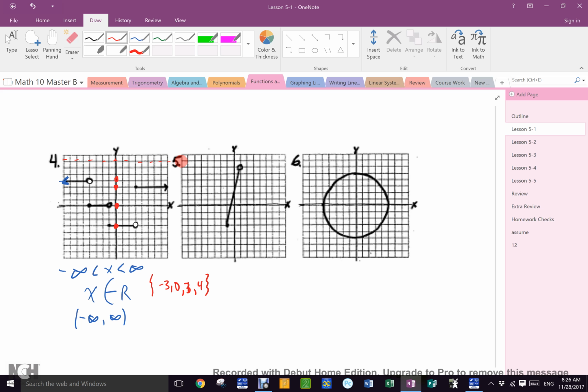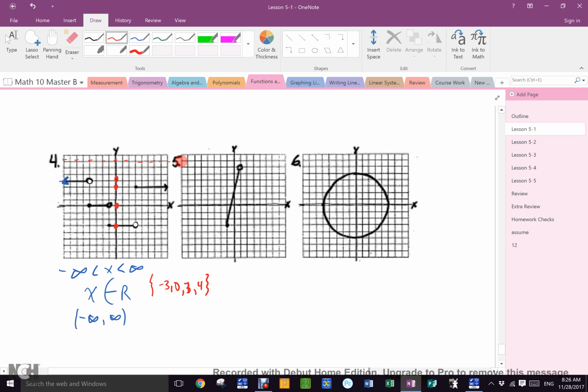But as of now, this is where you need to be. If you don't get it, you need to come and see me so you can tell me one-on-one what it is you don't get. Because I don't know how else to talk about domains and ranges. Okay?